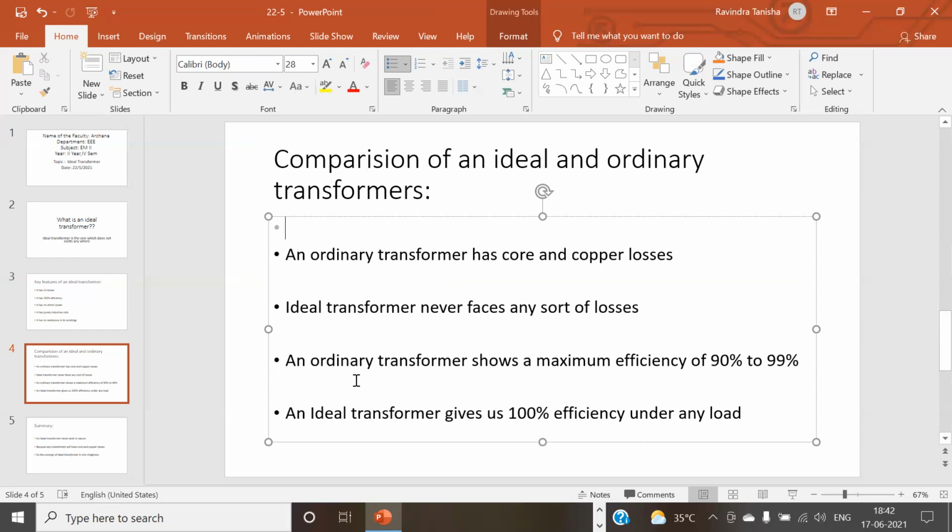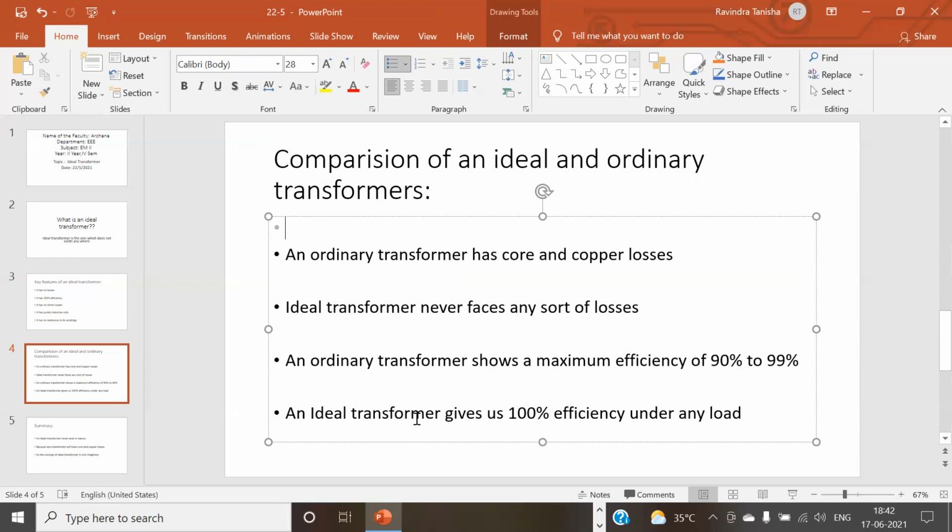So the maximum efficiency of an ordinary transformer cannot be 100%. It ranges from 90 to 99%. On average the efficiency of an ordinary transformer would be 95%, but it varies from 90 to 99%.